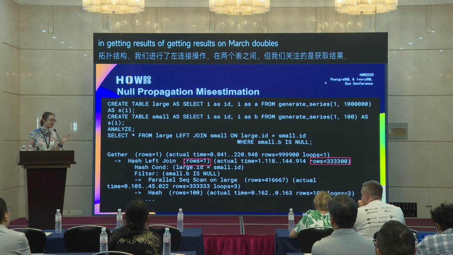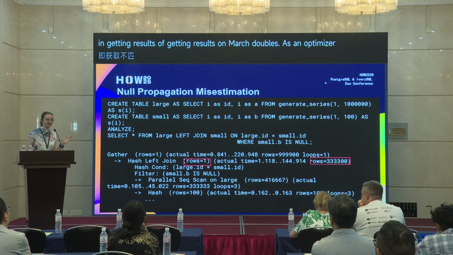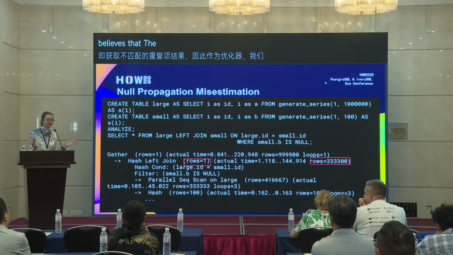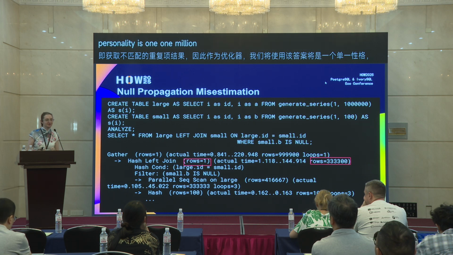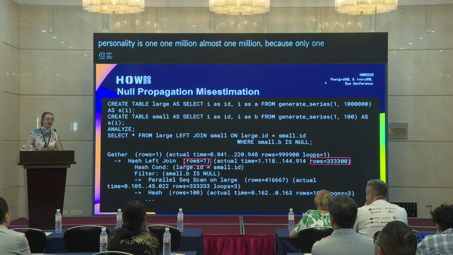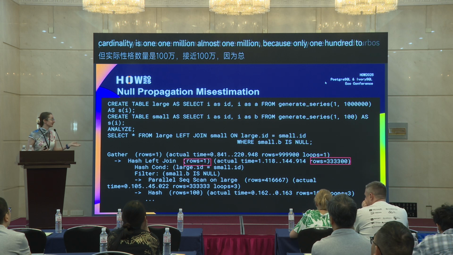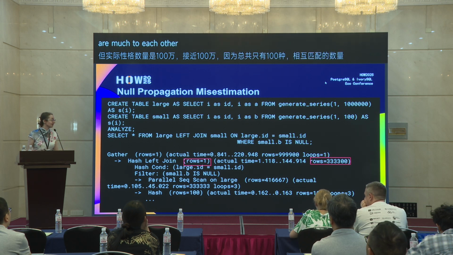So the optimizer believes that the answer will be cardinality one. But the real cardinality is almost 1 million, because only 100 tuples are matched to each other in table large and table small.